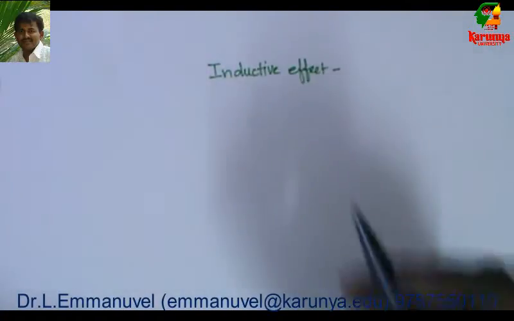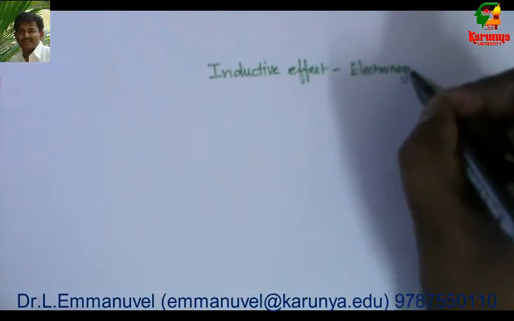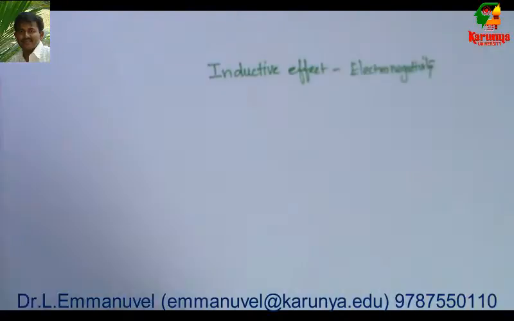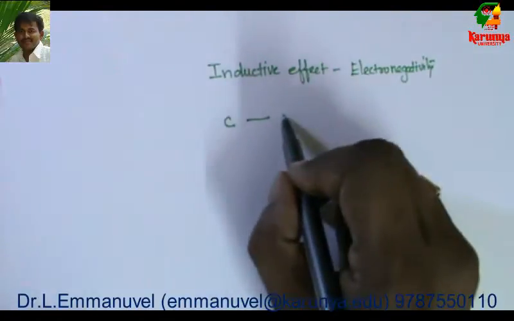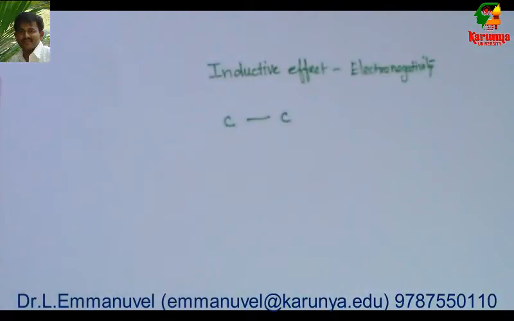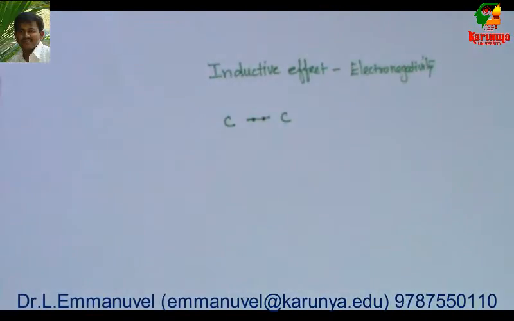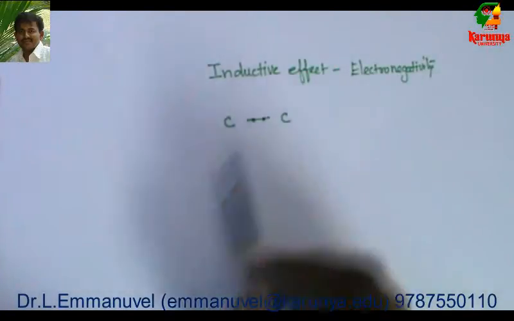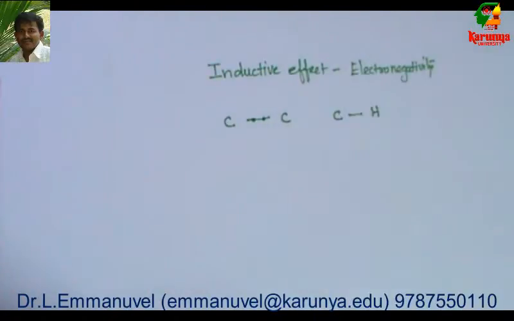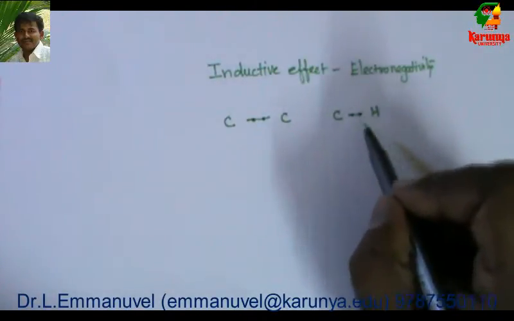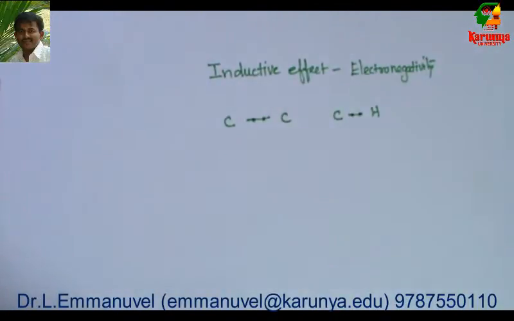In order to understand that, you should know about electronegativity. If a carbon atom is attached to another carbon atom, the two electrons present in this bond are placed in the middle. If carbon is attached to hydrogen, then also the same. The two electrons are in the middle and shared by both atoms.